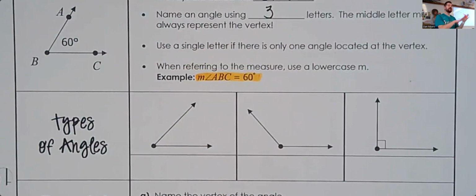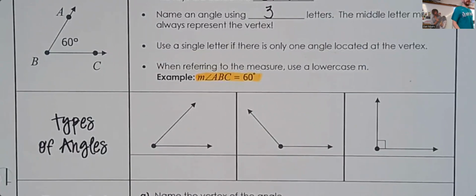Lowercase m, in this context, lowercase m stands for measure. In other context, last year anyway, lowercase m meant slope, right? Y equals mx plus b. So lowercase m can mean different things in different types of problems. However, here, lowercase m next to the angle symbol means measure of angle. So the degrees in angle ABC would be 60 degrees. So the measure of angle ABC is 60 degrees.